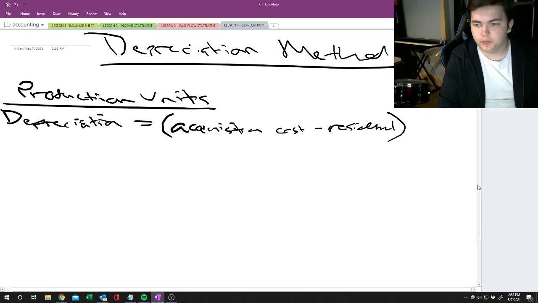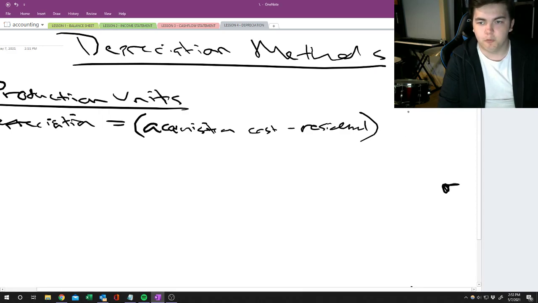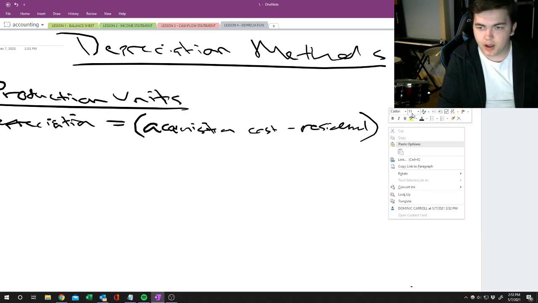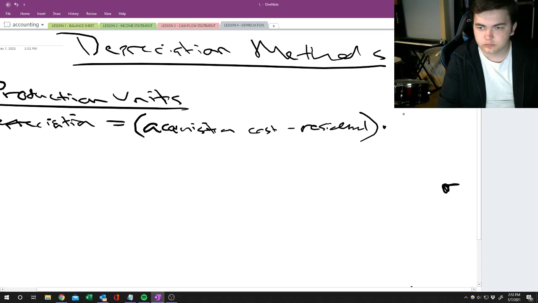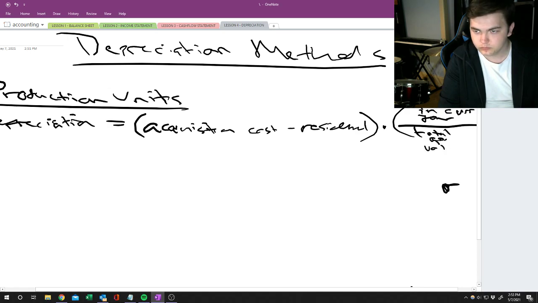And then you multiply this by the fraction of operating volume in that year, so the operating volume in the current year over the total operating volume. So that's how you would depreciate with production units.